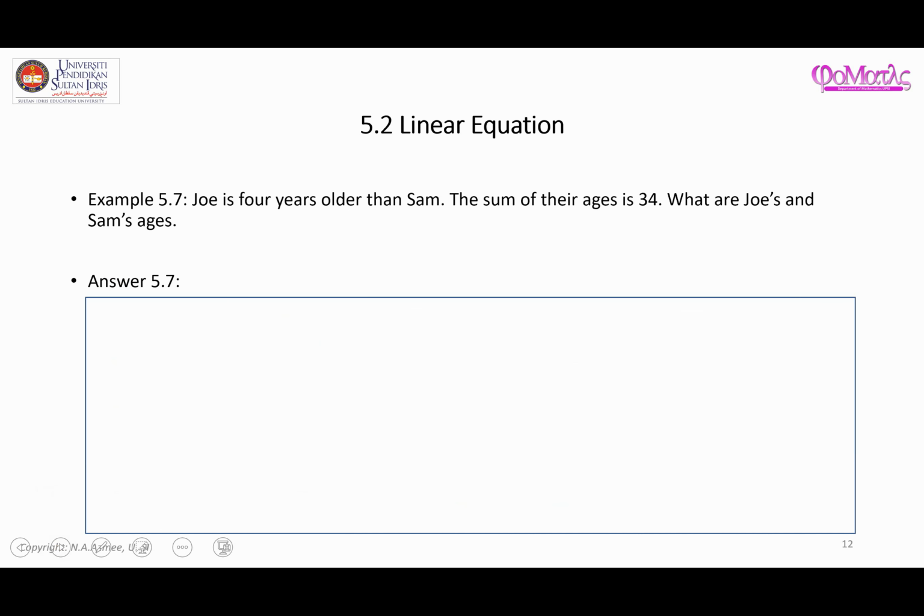Now let's look at a very simple example just to illustrate how we can change word problems into mathematical statements and solve for whatever unknown quantity is asked in this question. Okay, so Joe is 4 years older than Sam, and the sum of the ages is 34.